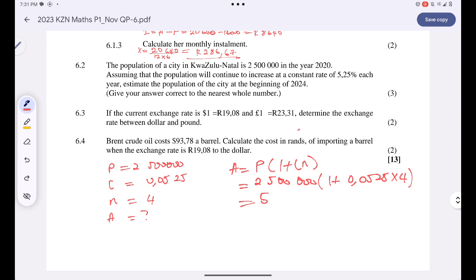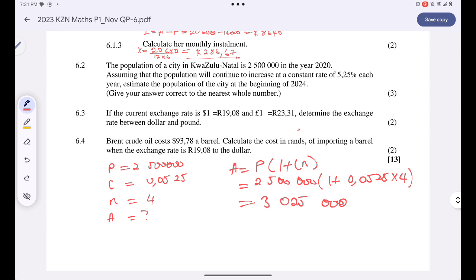Let me punch again. 2,500,000 multiplied by (1 plus 0.0525 times 4). So this will give me 3,025,000.